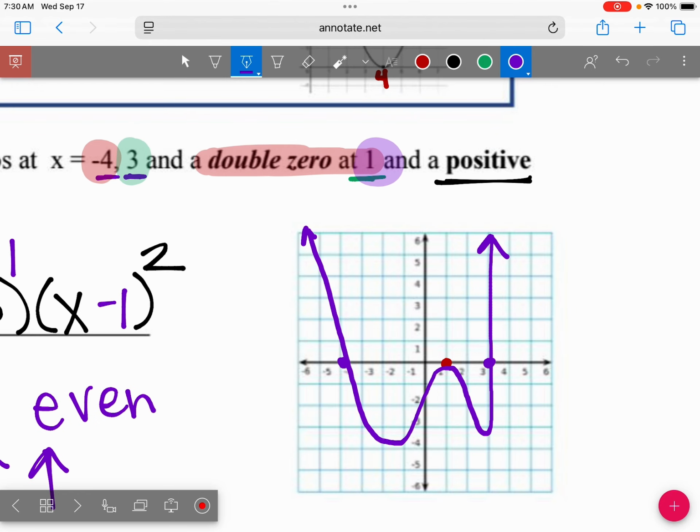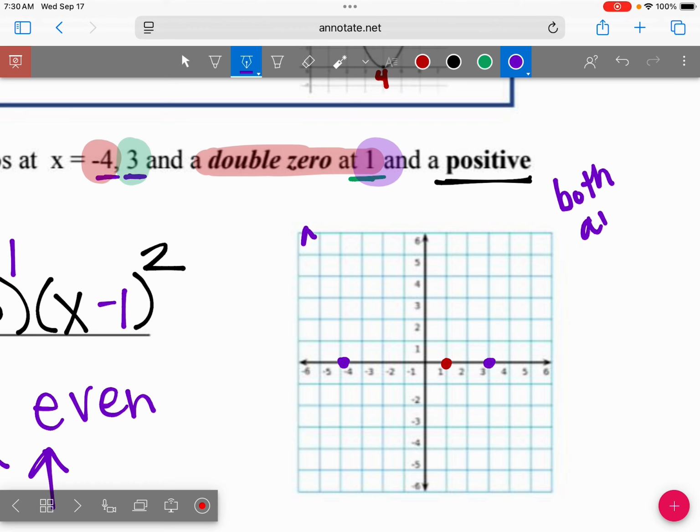So again, let me do that one more time. We know that it's a 4th degree, and we know that both arrows have to point up at the end. So whatever I sketch needs to have 2 up arrows. Okay, so I'm going to start from the top. It's going to come through the purple. At some point, it's going to make a U-turn.